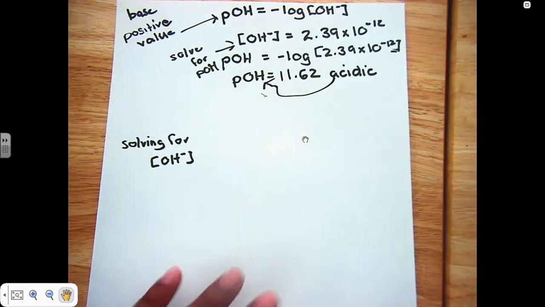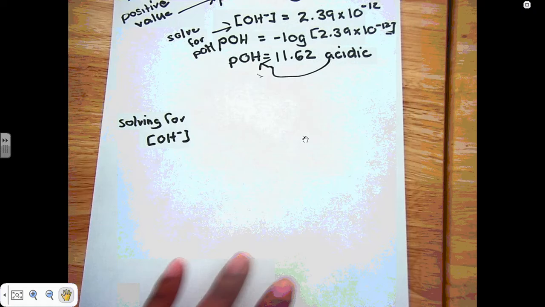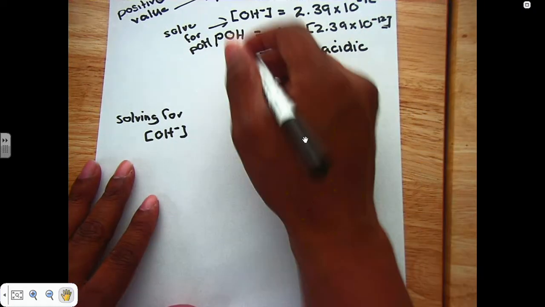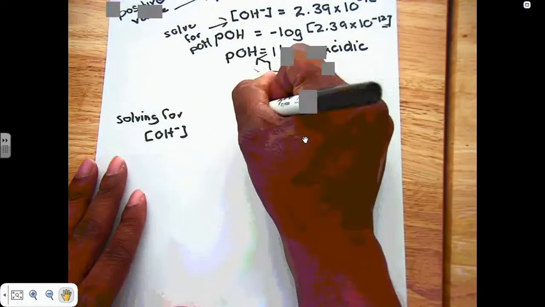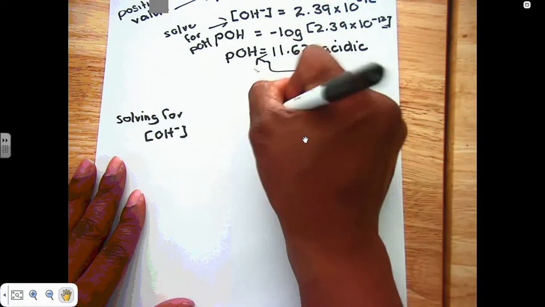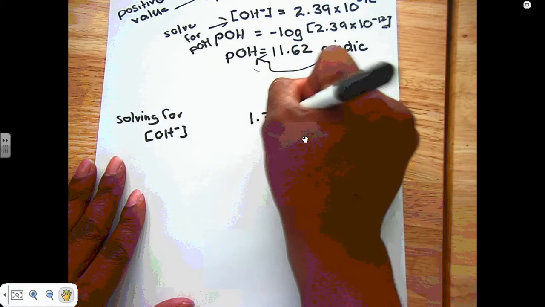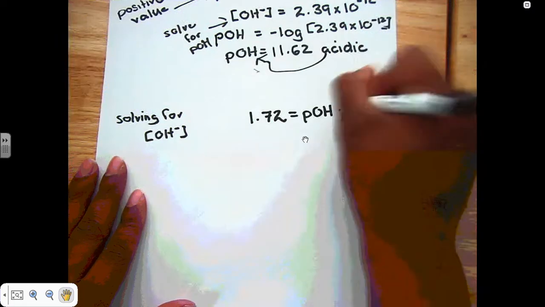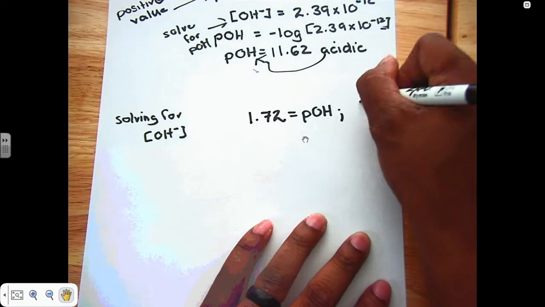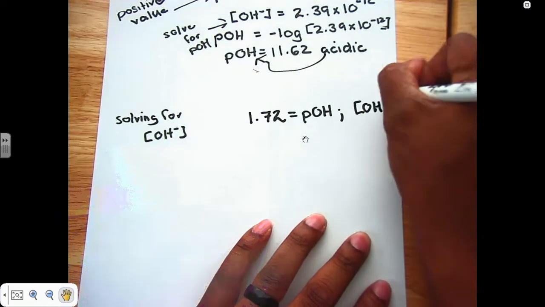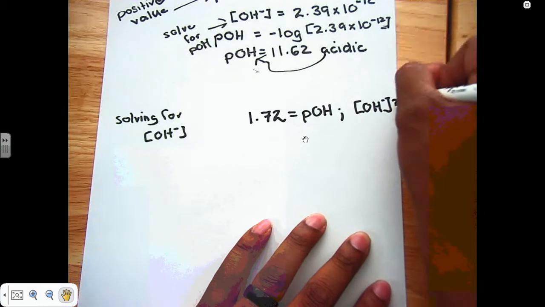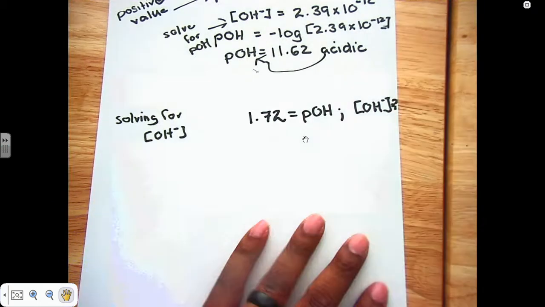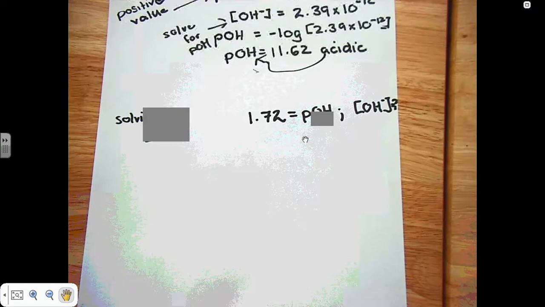So we're going to use another number that I'm going to randomly pick. And I'm going to pick the number 1.72. And I'm going to say that's equal to my pOH. And I'm going to say, hey, what is my OH concentration? I don't know what that is. So I want to find out what that's equal to.